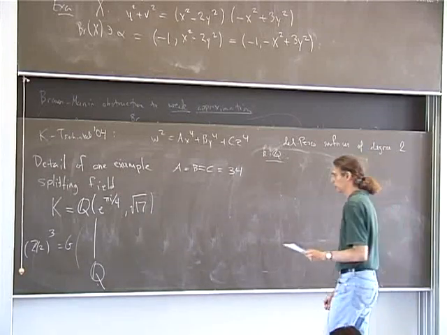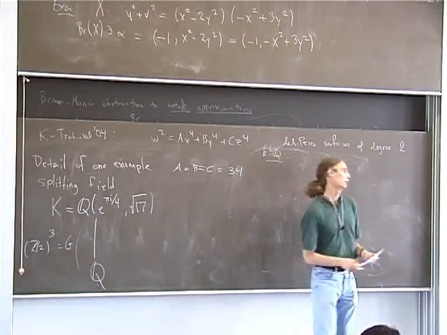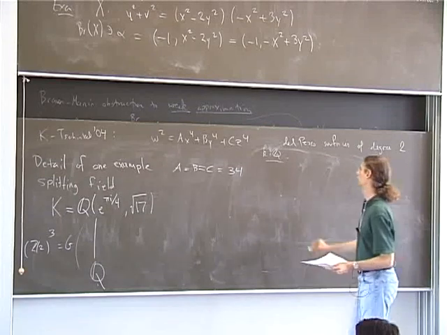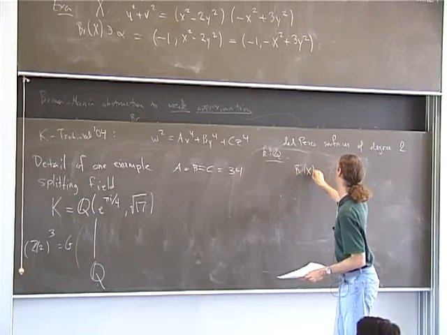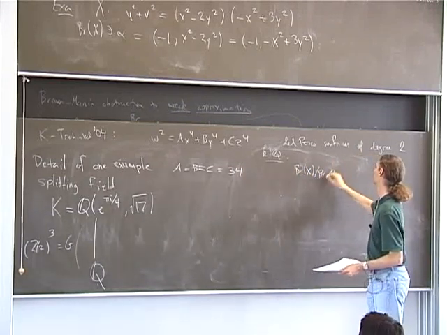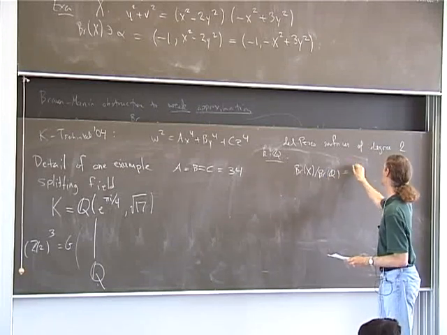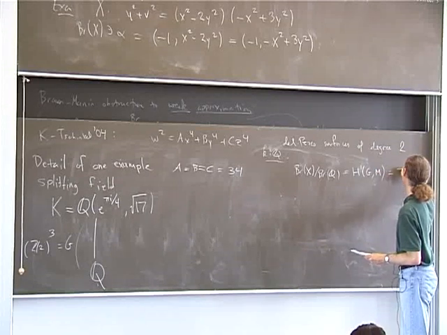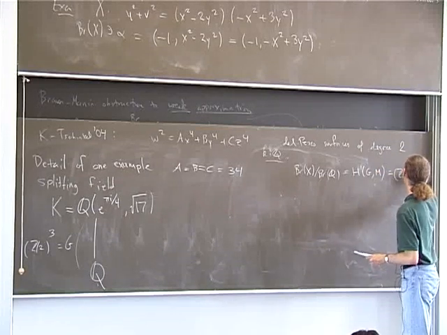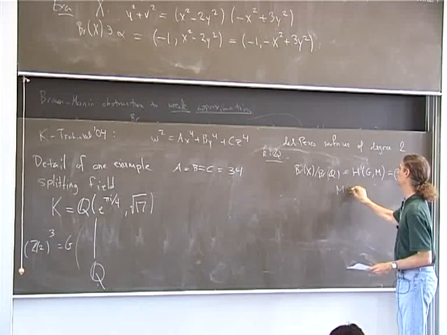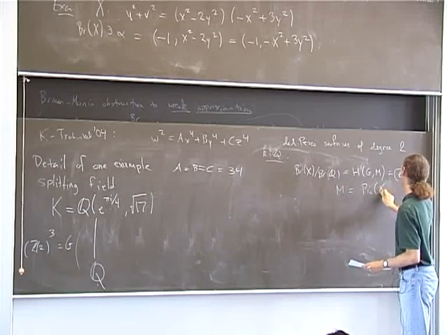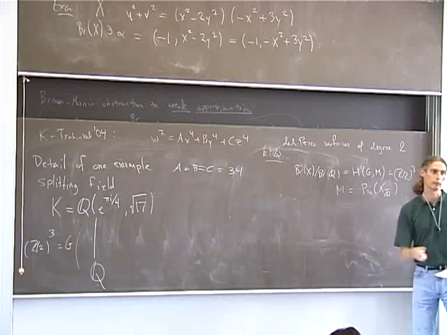Okay, so now this group can be computed easily enough, and it is also 3 copies of Z mod 2, where M is the geometric Picard group.